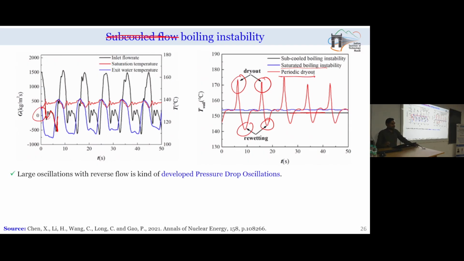But whenever we are having the occurrence of the periodic dry out, like all of a sudden significant amount of vapor is producing, which is completely covering the entire periphery of the tube, there we will be having a sudden, significantly high rise in temperature, and during the rewetting process a significant fall in the temperature. So our heater surface will be subjected to periodic rise and fall of the temperature.